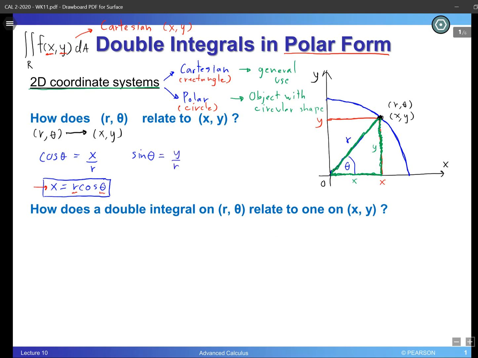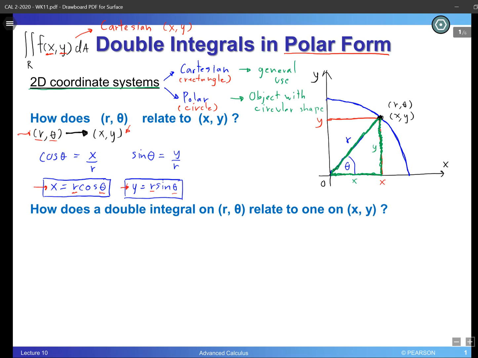And if you switch things around, you can get y equals r sine theta. And there you go, the second relationship, y equals r sine theta. So if you know r and theta, you can find y by using this. So there you go. If you know r and theta, you can find x and y, no problem. So you can transition from r theta to x and y without any problem.